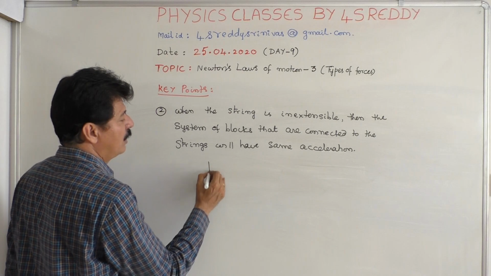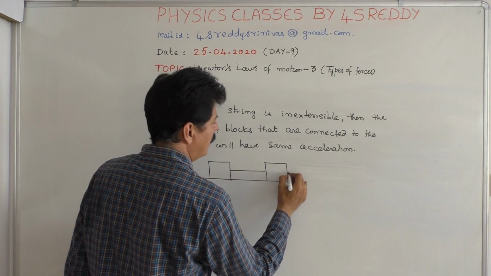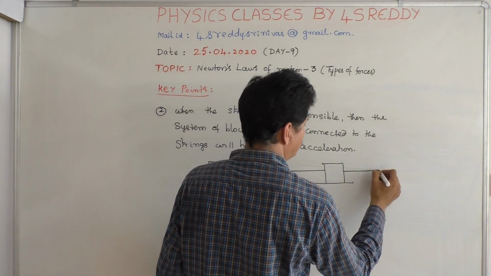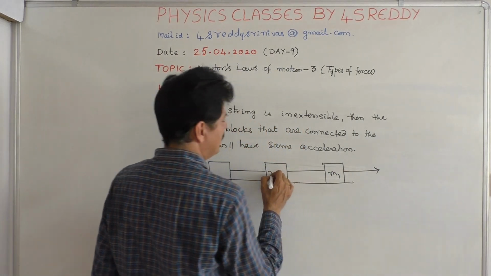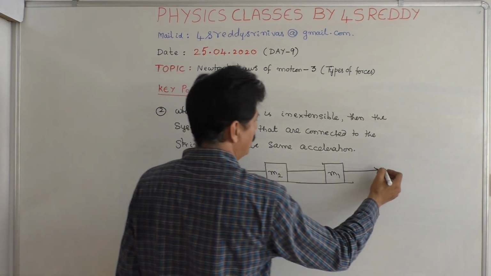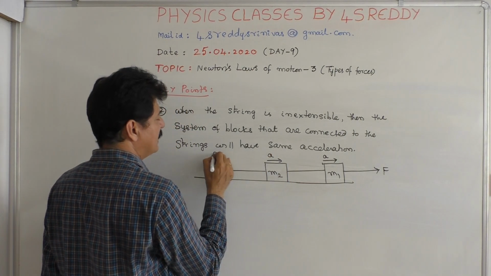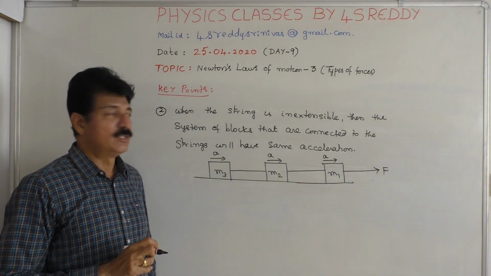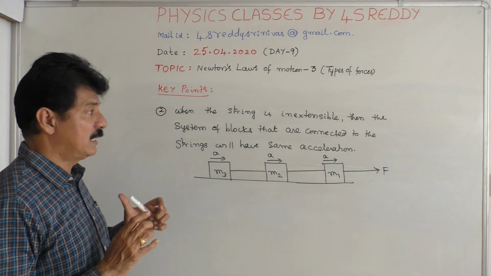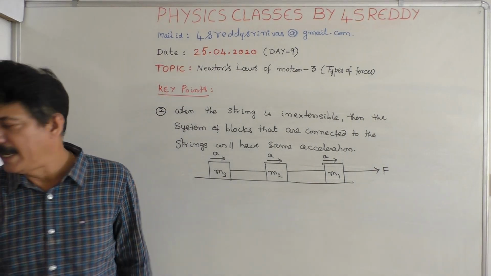For example, let us say this is a block A, block B, like that, having different masses. Suppose this is M1, this is M2, this is M3. If the string is inextensible, then all the blocks must have the same acceleration.